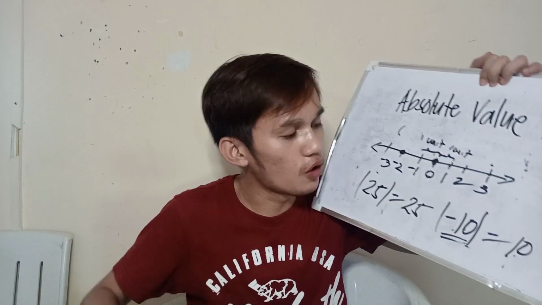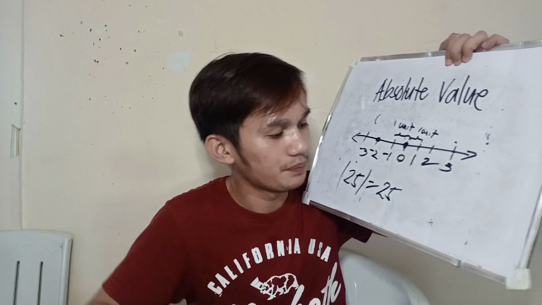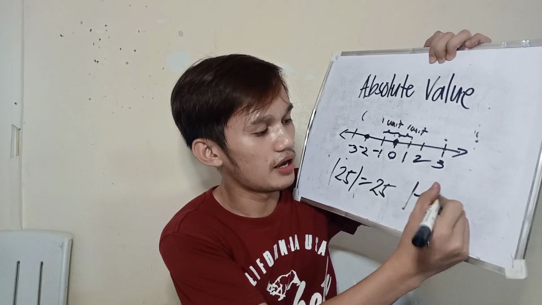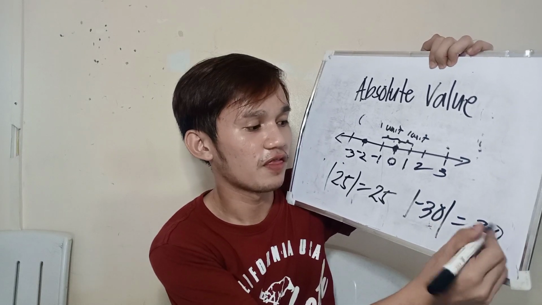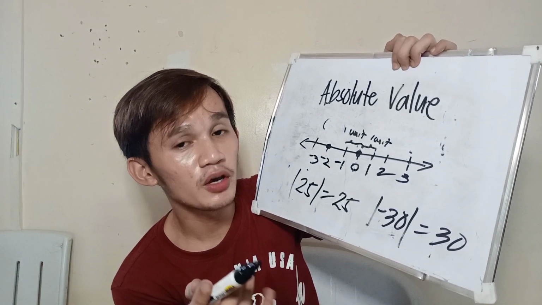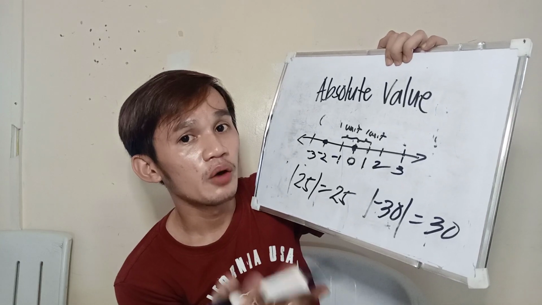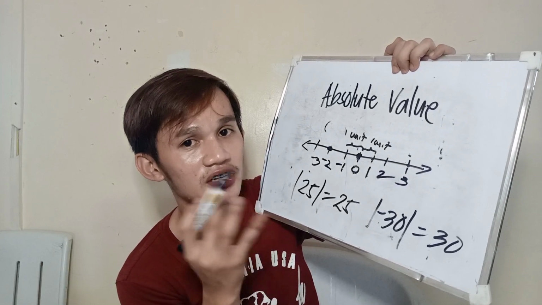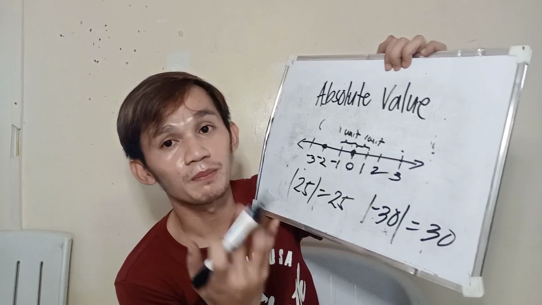The absolute value of negative 30 is positive 30. You're just going to change negative to positive because, as I have mentioned, we're dealing with distance and there is no negative distance. So as simple as that.